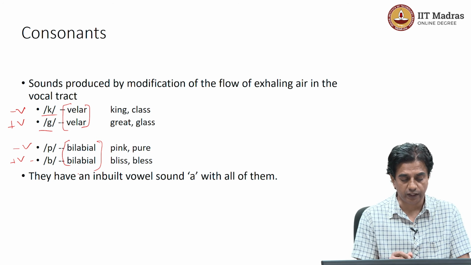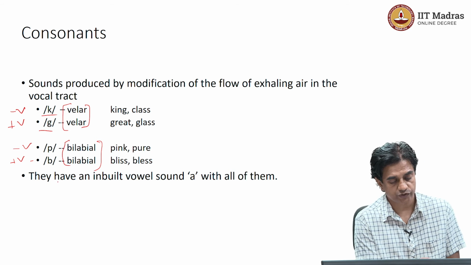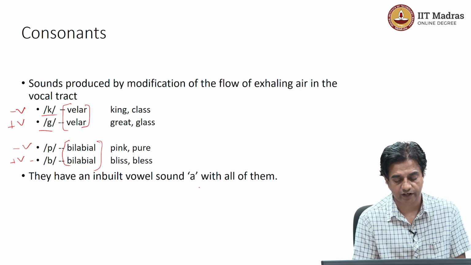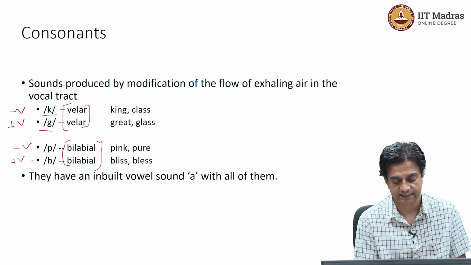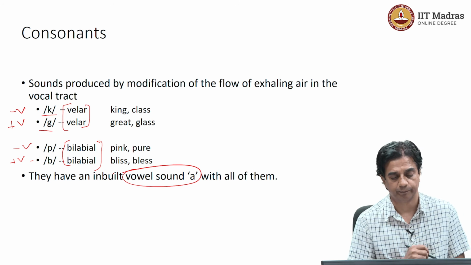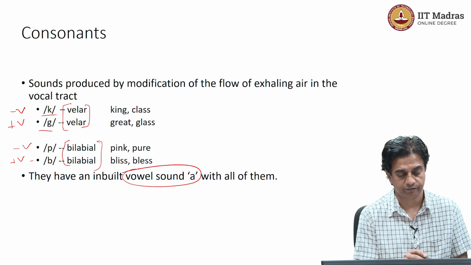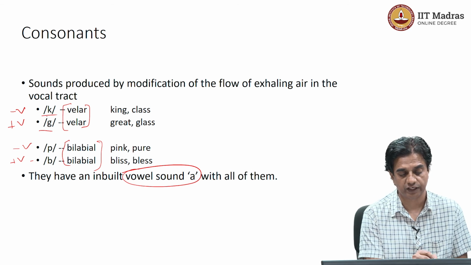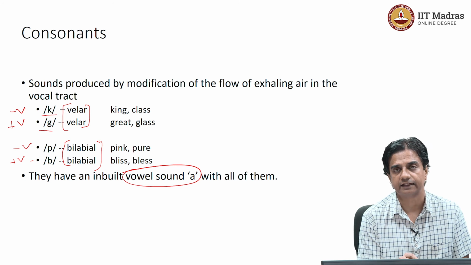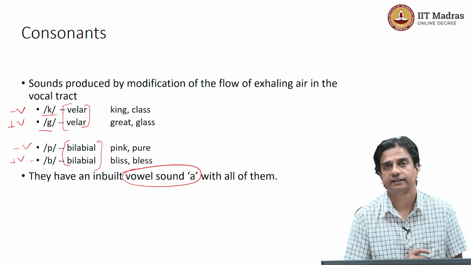So, and this is what I was talking to you, that every consonant sound has an inbuilt vowel sound with them. So, look at these words with these two velar sounds ka and ga. King, class.